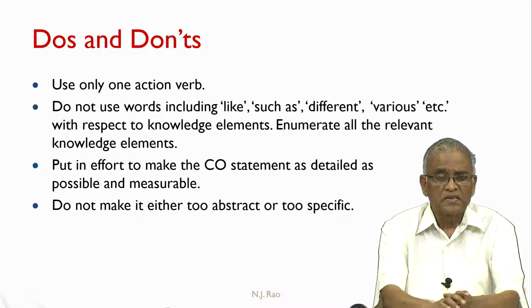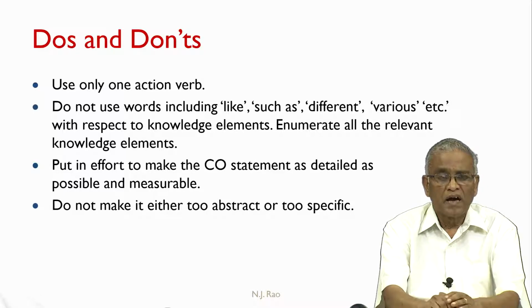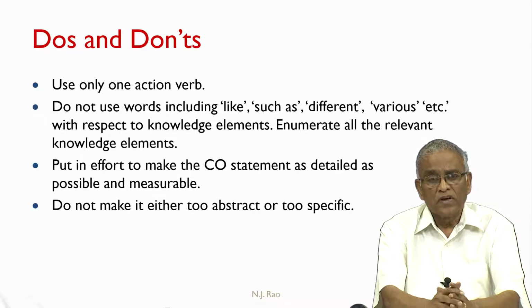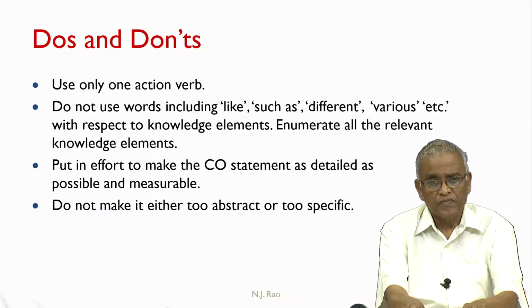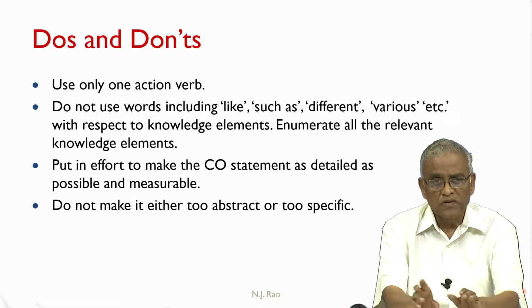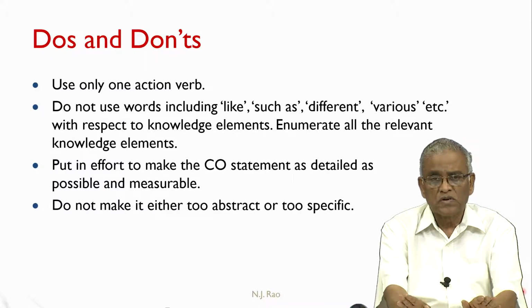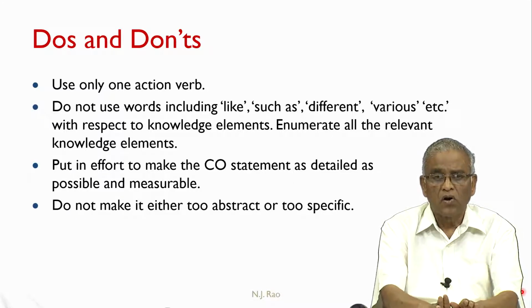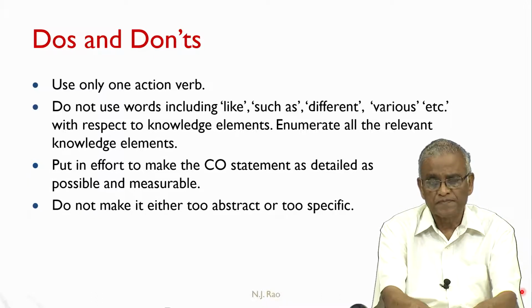We use the words various, such as, etc., aspects of a course and so on. And when you say such as, that means the list is not complete. While the teacher is very clear about what such as represents, when you write on a piece of paper and communicate to the student, the student does not know what other elements you are planning to include. That is the reason why you should not use these words at all in writing an outcome statement. You should enumerate all the relevant knowledge elements.